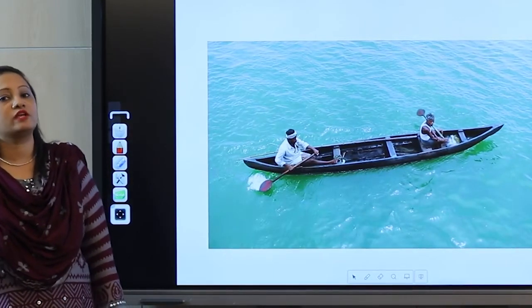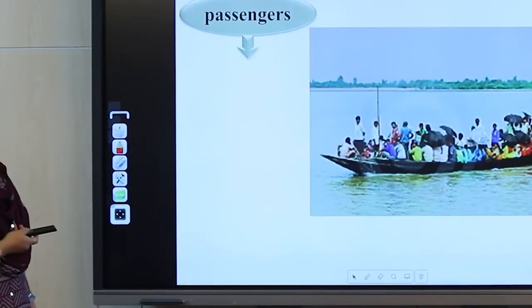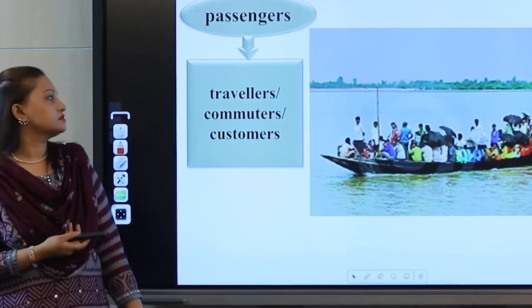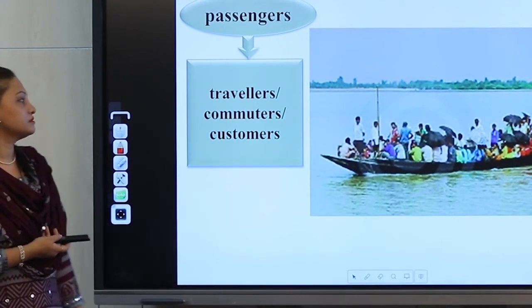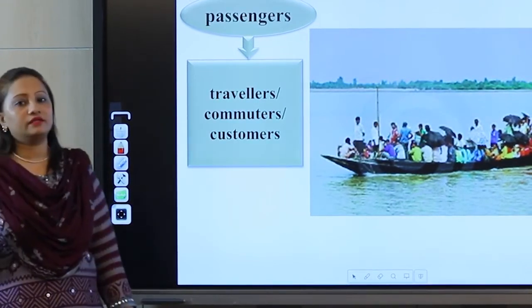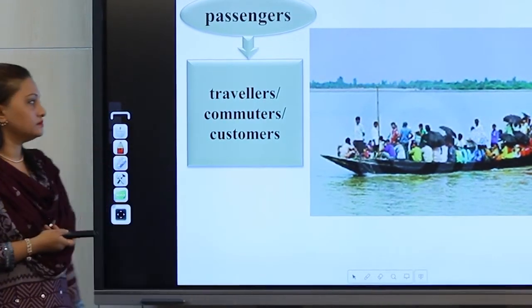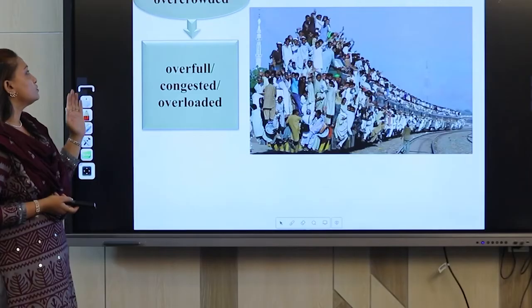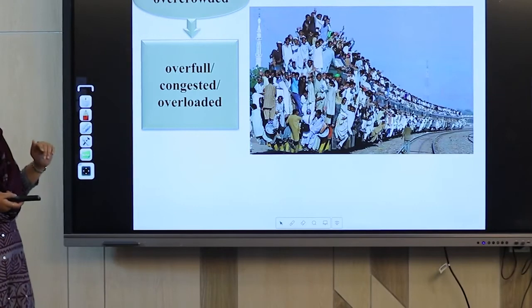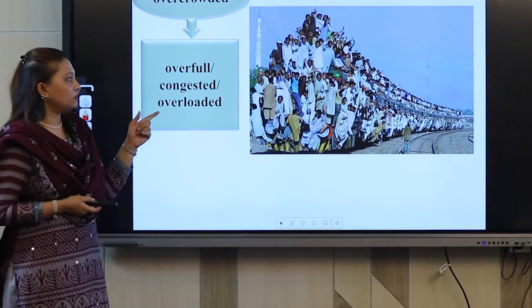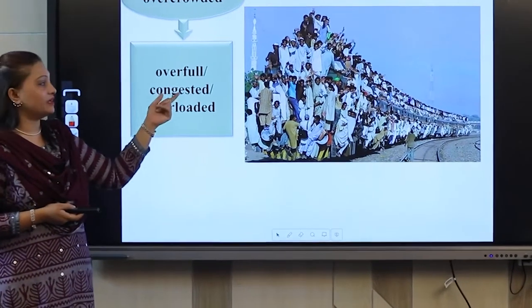In your book, it's page number 42. What is the meaning of passengers? Travelers, commuters, customers. If you can, write down the meanings as well. What is the meaning of overcrowded? Overfull, congested, overloaded. There are lots of people, and they are smiling.